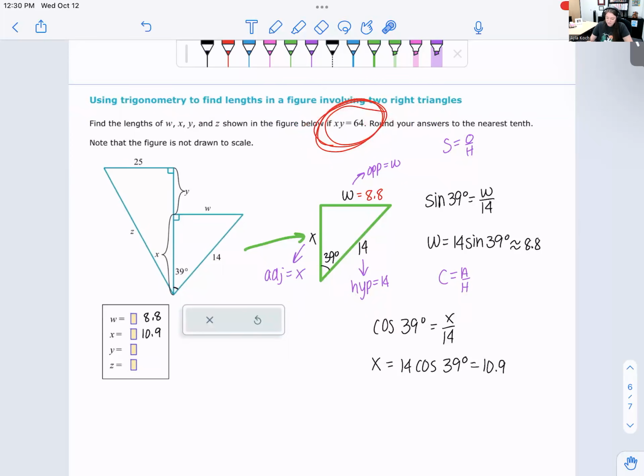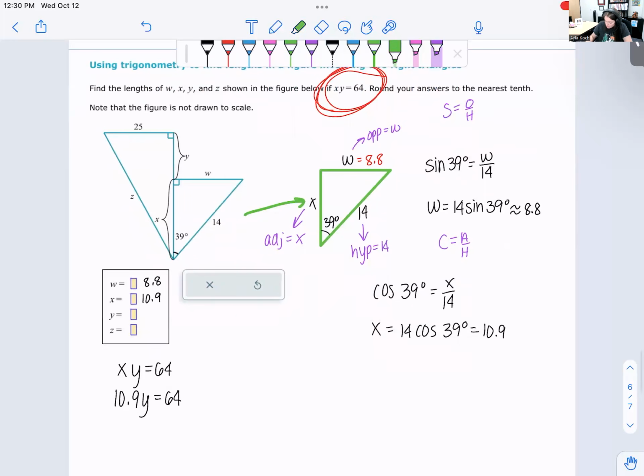This important piece of information is everything to us. So we need to find Y. Well, look, X times Y is 64. And I know that X is 10.9. So 10.9 Y is equal to 64.